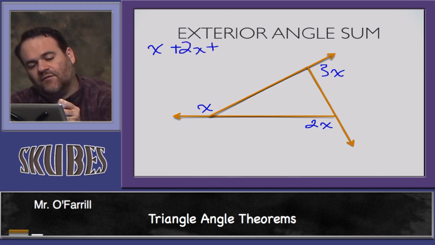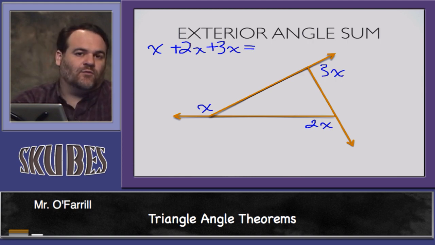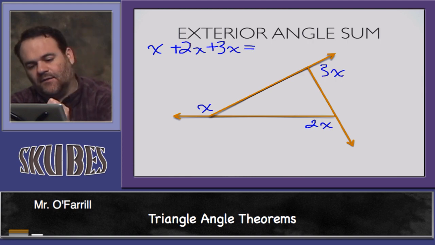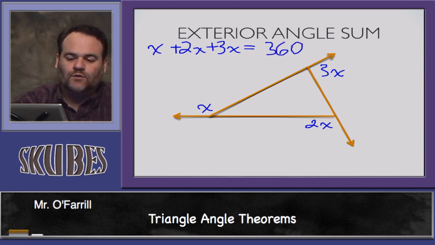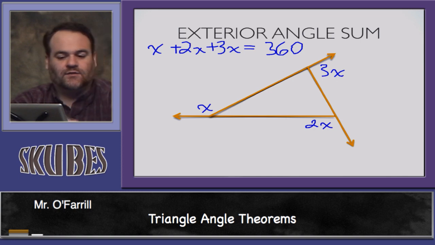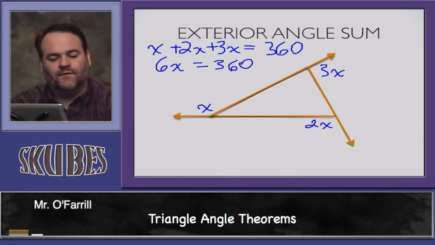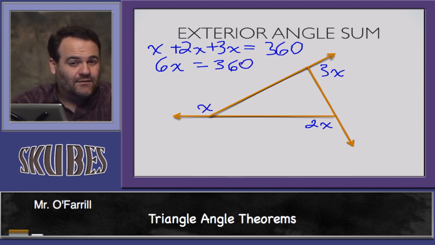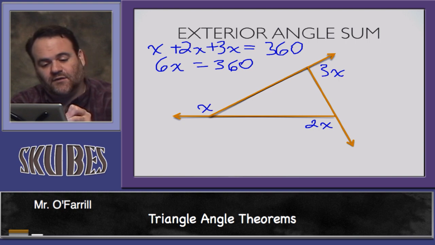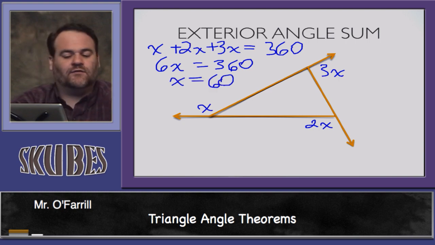We take the three values, but instead of them adding up to 180, they add up to 360. We still combine like terms to get 6x equals 360. And when you divide both sides by 6, we find that x is 60.